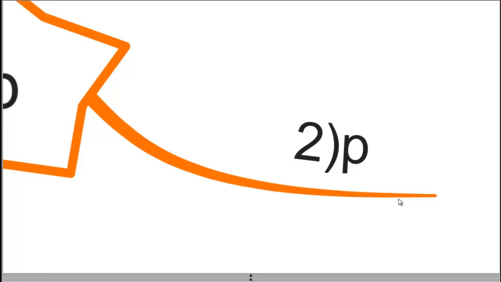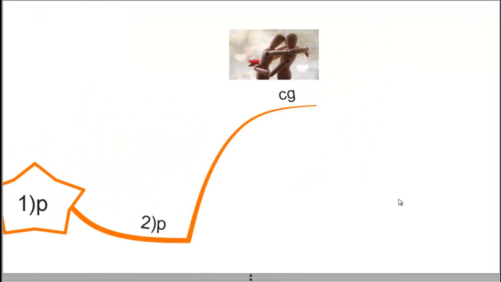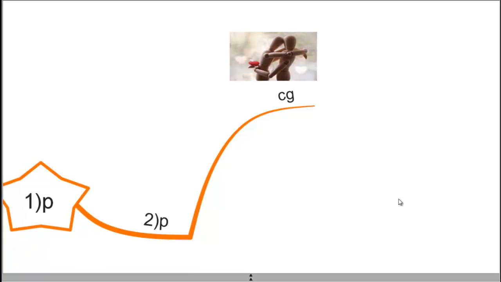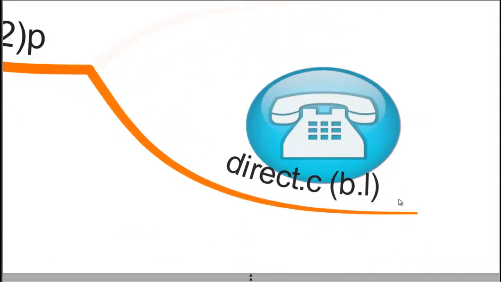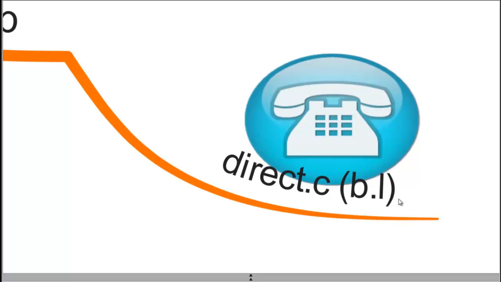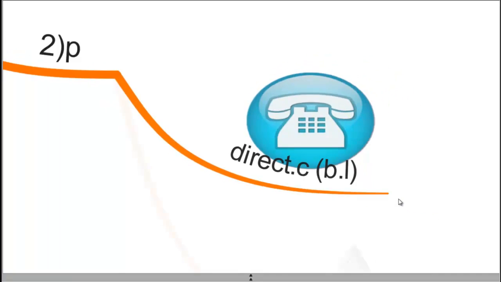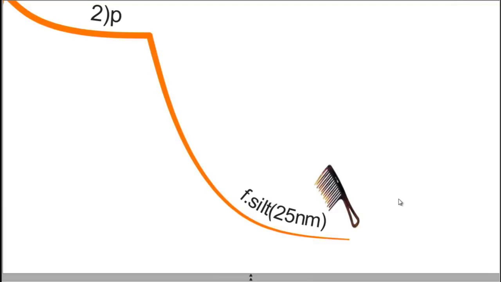Primary processes give off numerous secondary processes called pedicels. Secondary processes embrace the capillaries of the glomerulus at periodic distances of 25 nanometers and are in direct contact with the basal lamina.